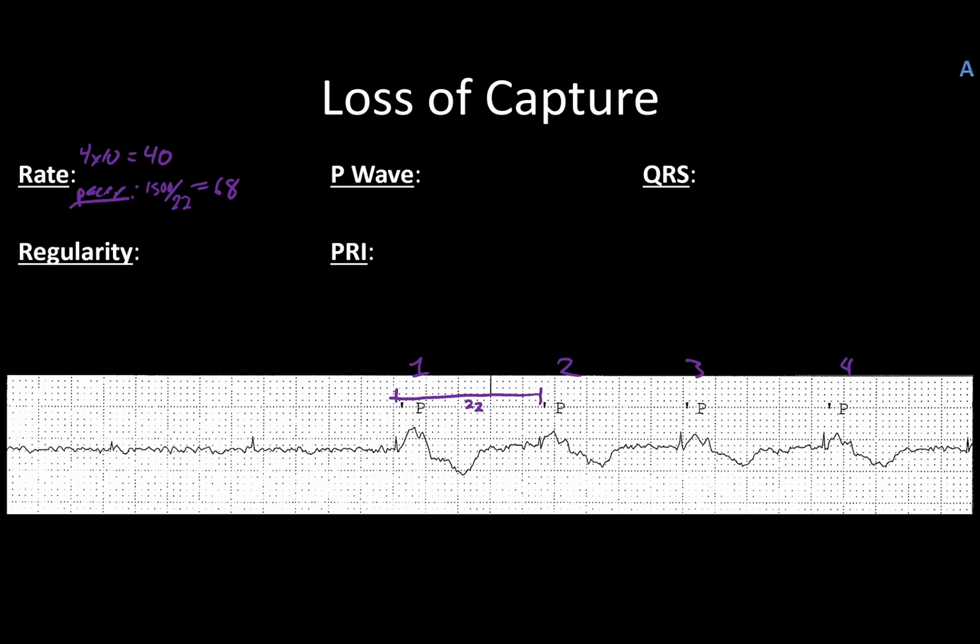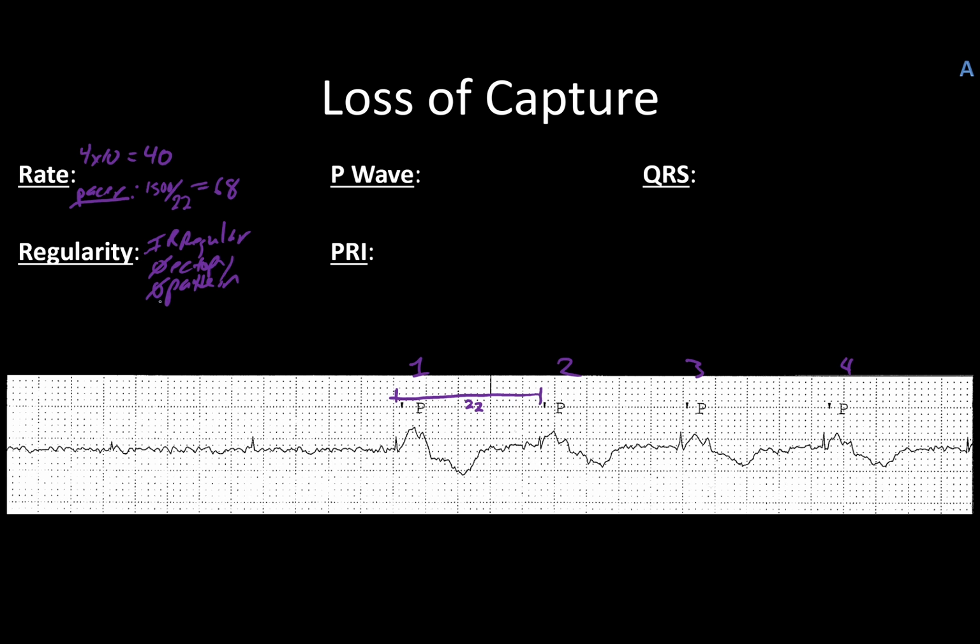That right there is a huge hint that maybe we have a pacemaker firing when it shouldn't be. Regularity-wise, we're going to have to call it irregular because we have that flattened portion at the beginning. We don't have any ectopy. Don't have any pattern.